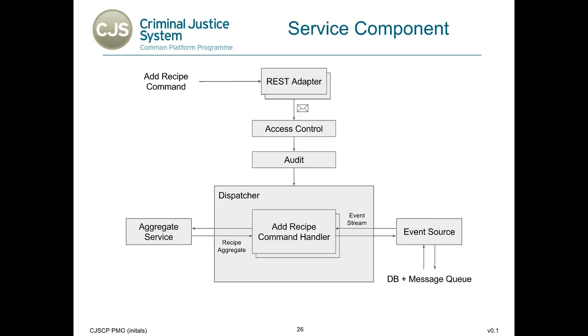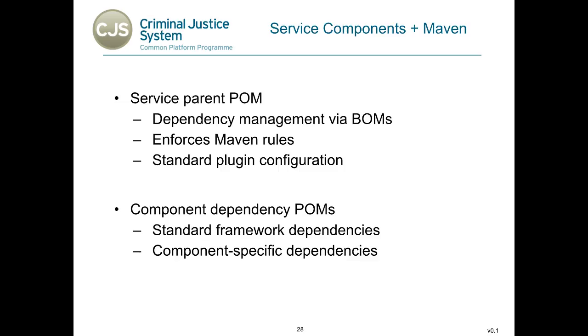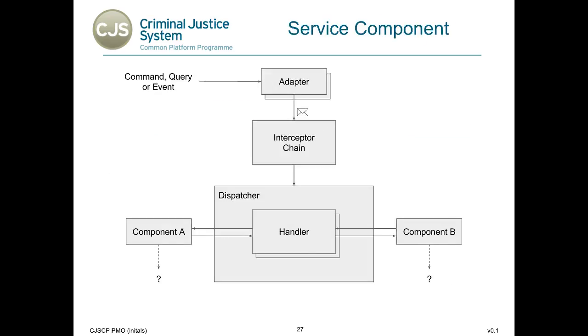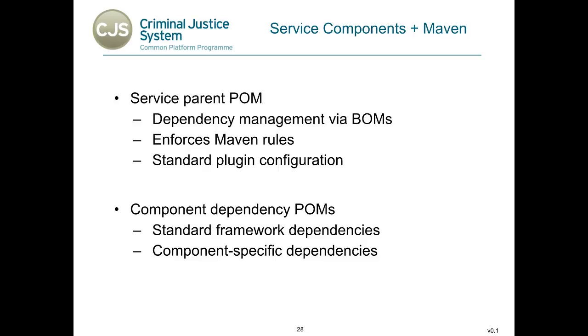Then finally, the dispatcher can go away and find the right handler to pass it on to. In this case, now we're talking about a command handler, so maybe that needs to get the stream of events for that particular recipe, run it through the aggregate, rehydrate the aggregate, apply business rules, and then append some more events onto the event stream that we then need to persist and publish.